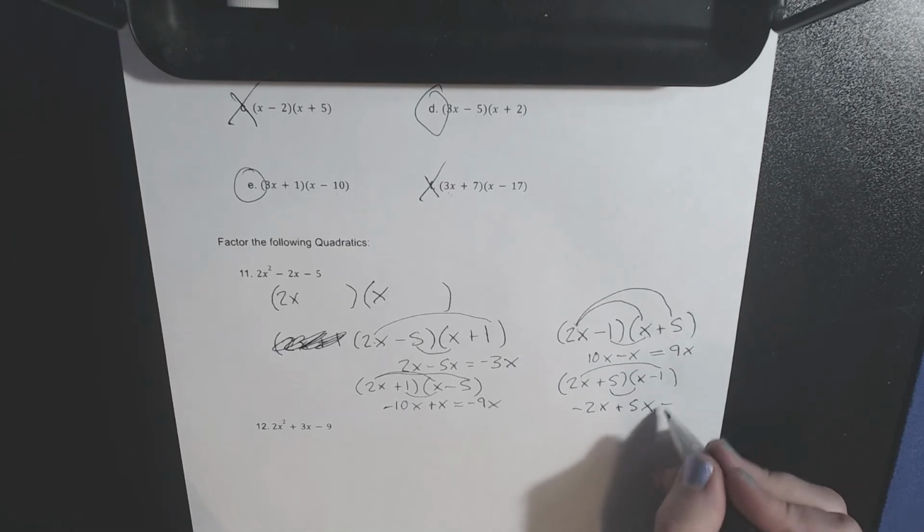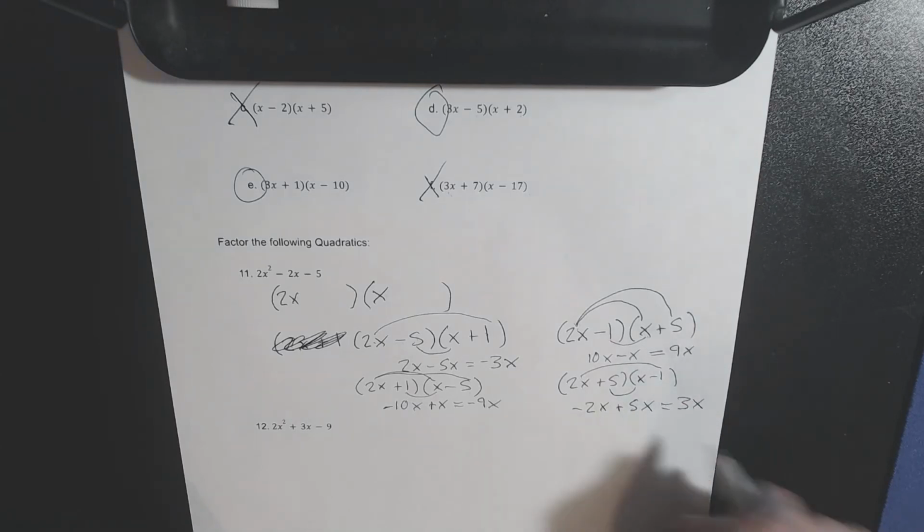Okay, yeah, so this gives us 3x when we add those together. So that's not great. Basically what that means for this one, because we've tried every possible combination of negative 1 and 5, and then 5 and negative 1, this one doesn't factor, okay?